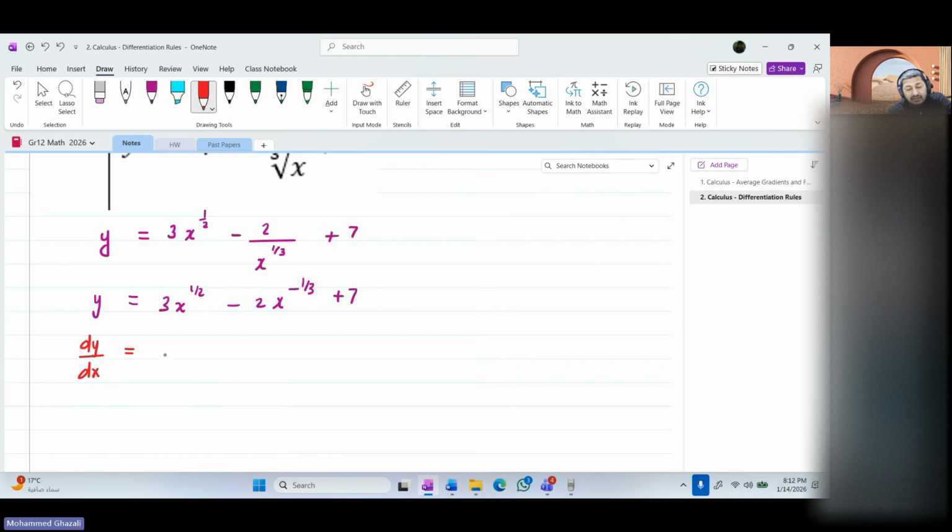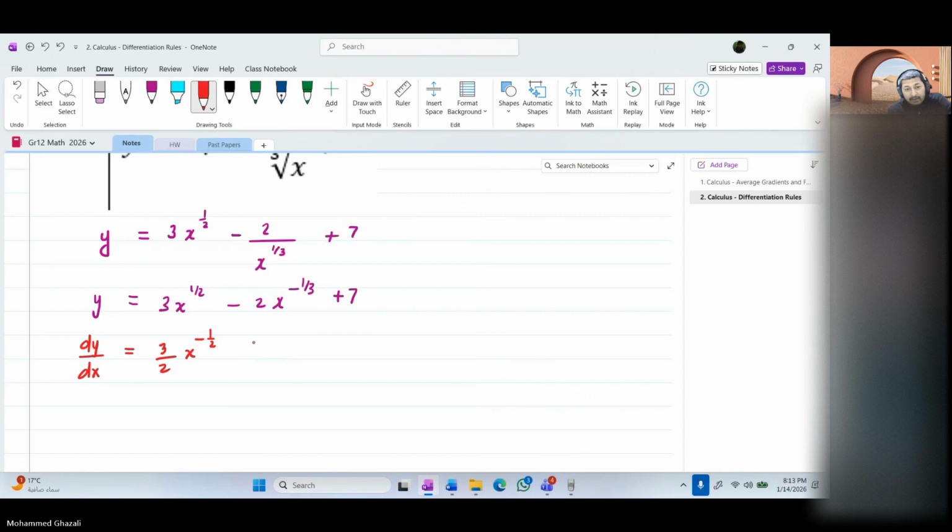3 times half. Okay, wait. 3 over 2. Yeah, use a calculator, you can. 3 times half is 3 over 2. Yes, and then x to the power half minus 1, negative half.